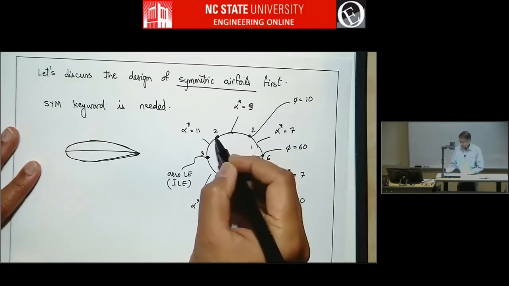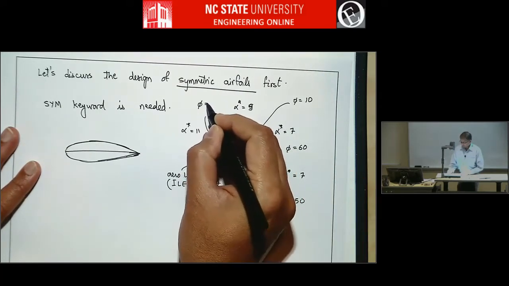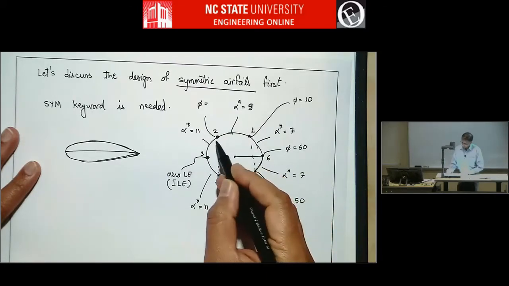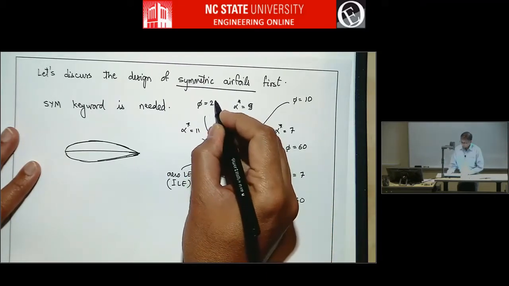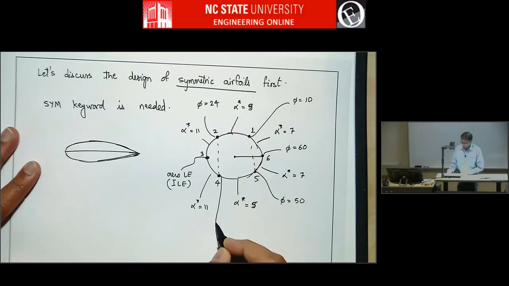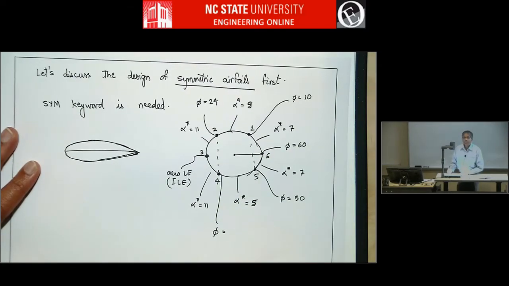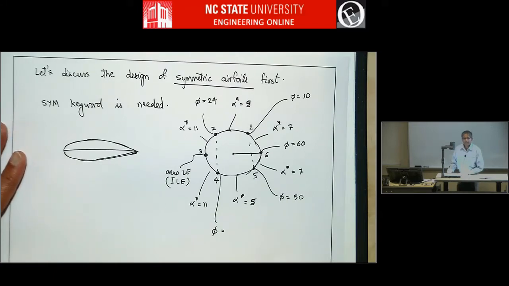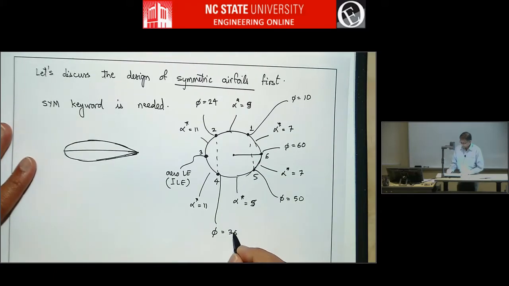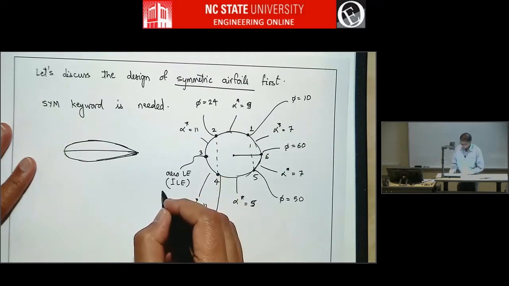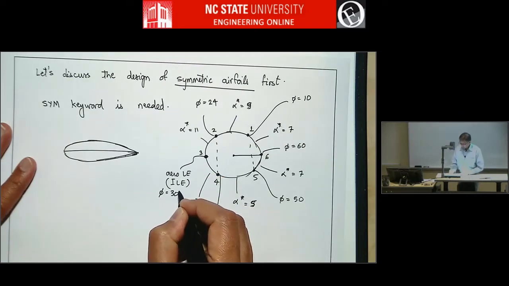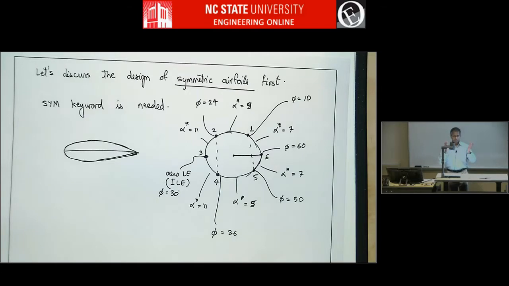And like that, so if this is phi of 24 something, so this will be phi of 36. And this will necessarily be phi equals 30 because the symmetric airfoil will have to be exactly divided.